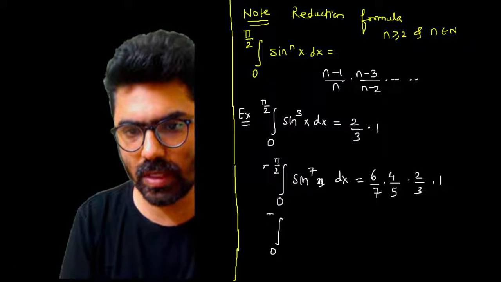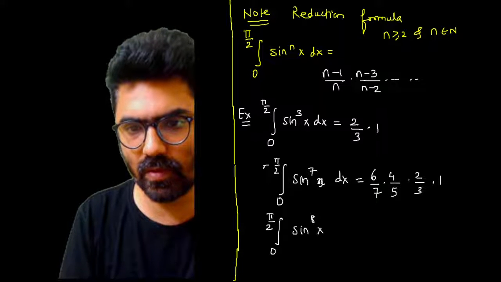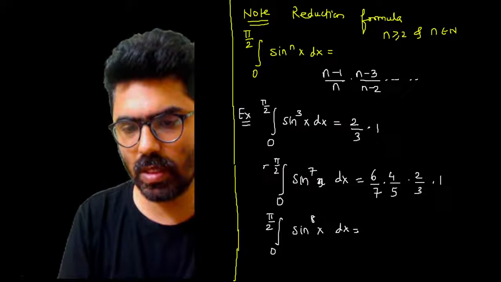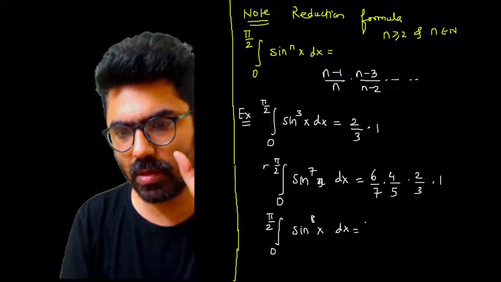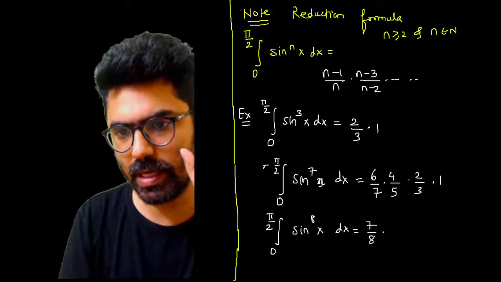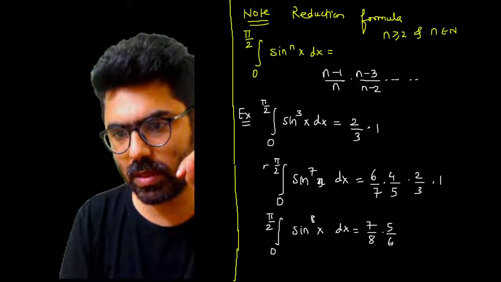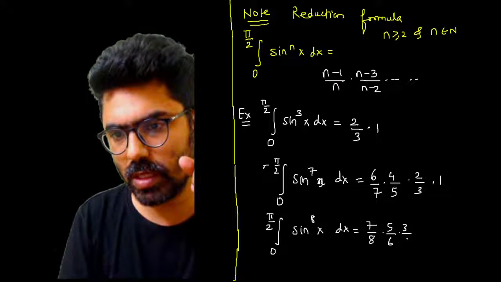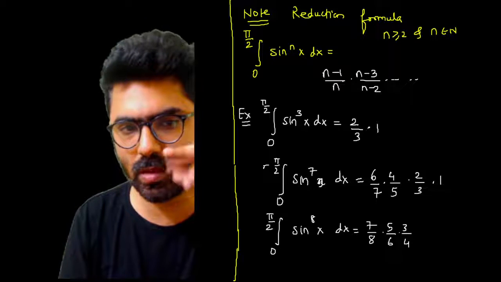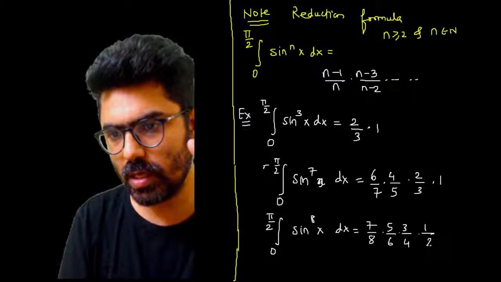When the power is even, for example 8, you need to make sure that you start with 7 by 8, one number less than 8. Then reduce 2, you will get 5 by 6. Again reduce 2, you will get 3 by 4. Reduce 2 in numerator and denominator both. Again reduce 2 in numerator, you will get 1, and here 2.